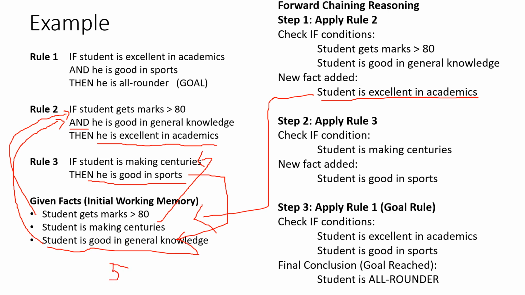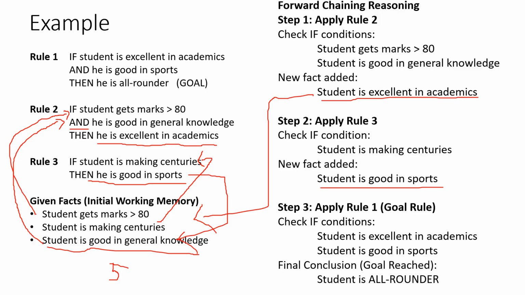That is, student gets marks above 80, student is making centuries, student is good in general knowledge, student is excellent in academics, and student is good in sports. So all this we are adding to the working memory. So here we have five facts in our working memory. That means intermediate facts also we added to the working memory.